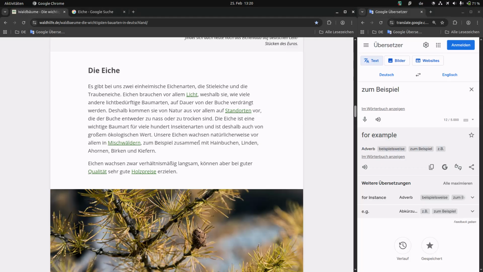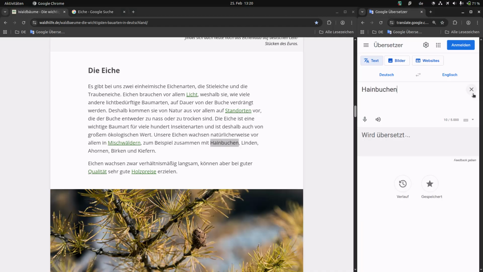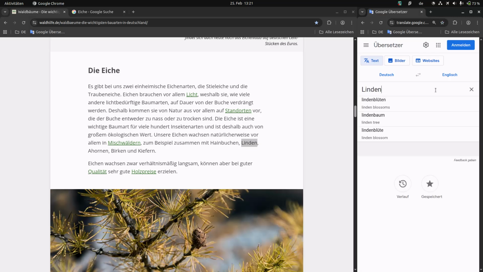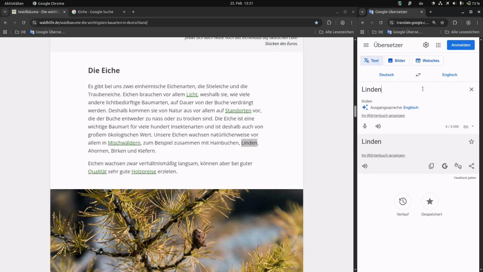Zusammen means together, mit, with, Hainbuchen, which we had in a previous episode, the kind of fake beeches, hornbeams it's called, probably the most popular tree in Germany, maybe together with real beeches. Then we have Linden, which I think is just Linde.